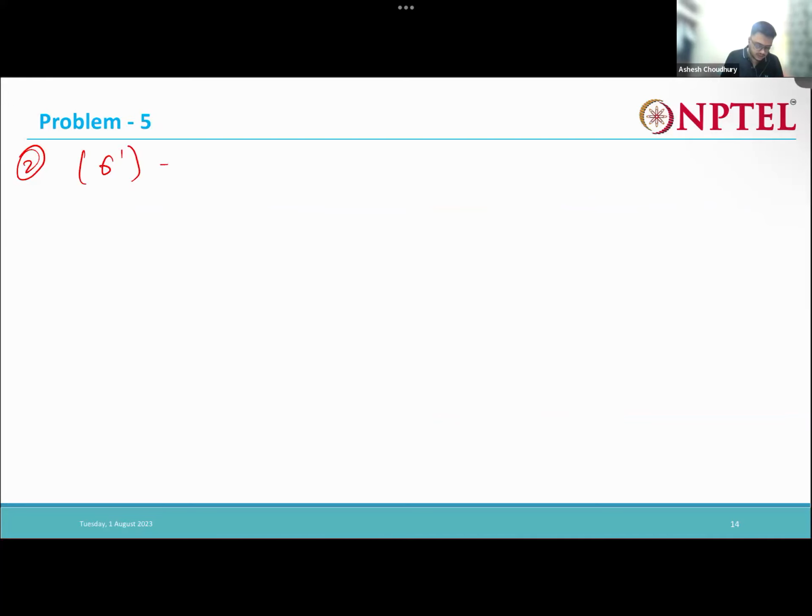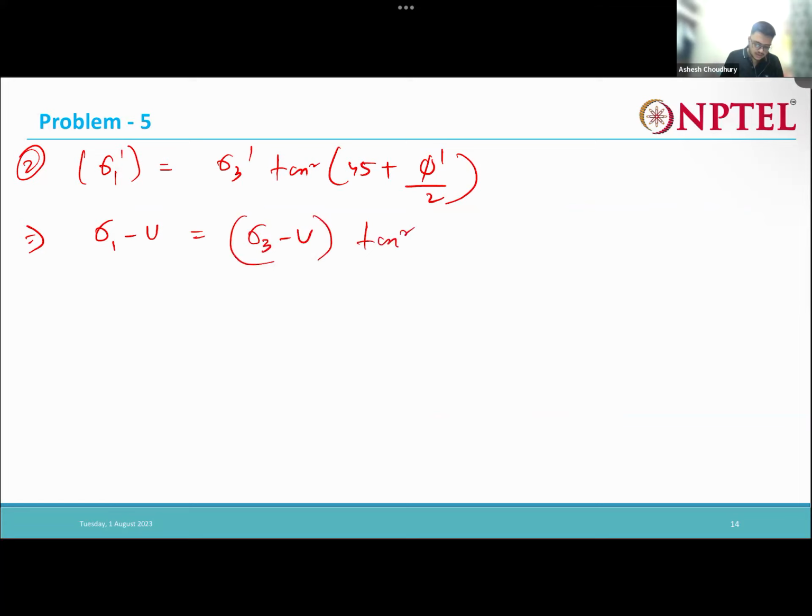So sigma 1 prime equals sigma 3 prime tan squared (45 plus 9/2). This is nothing but (sigma 1 minus the pore water pressure) equals (sigma 3 minus the pore water pressure) tan squared (45 plus 34/2).